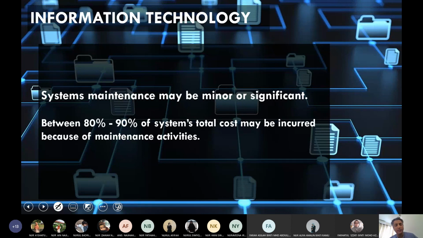So between 80 to 90% of the system's total cost may be incurred because of maintenance activity. But for small and medium companies, that is not applicable.